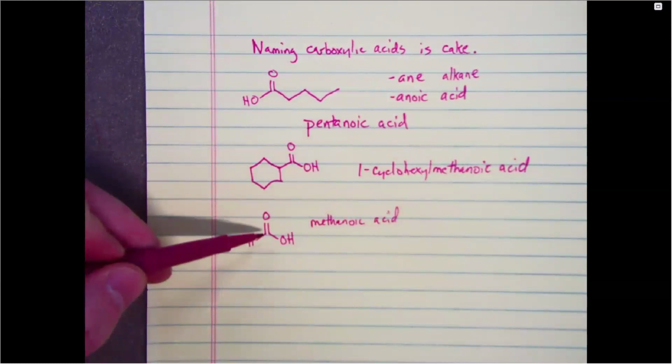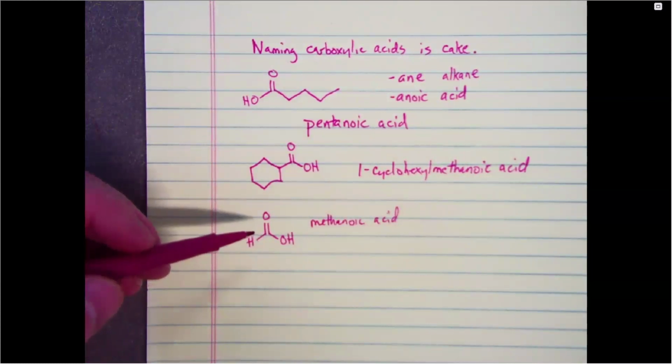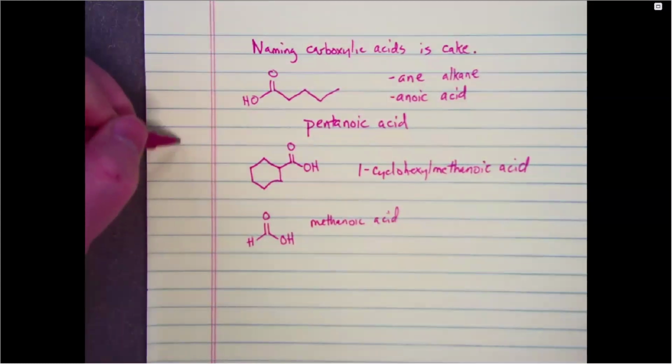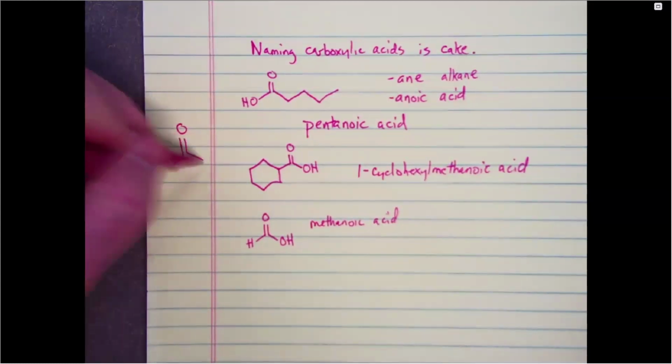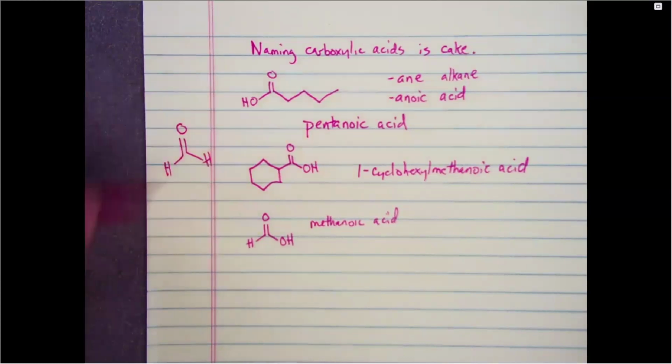It turns out that the same way that instead of calling a 1-carbon aldehyde methanal, which is the formal name for it, there's also a common name for it. The name that we use even more often than the systematic name is formaldehyde.